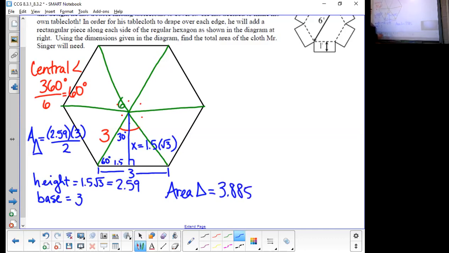How many triangles do I have? 6. So the area of my hexagon is going to be 6 times 3.885, which is 23.31.